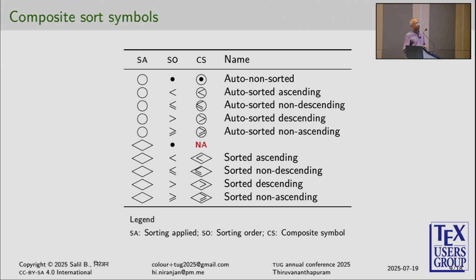This is less than or equal to. So the array could go like this: 2, 3, 3, 4, 5, 5, 5, 6, and so on. It's not decreasing.